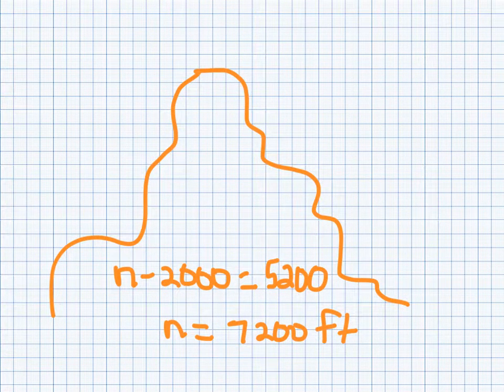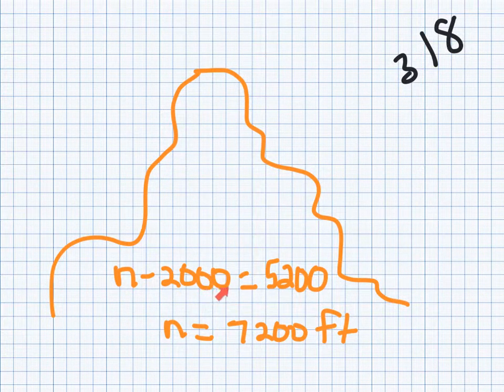This is another example at the bottom, Your Turn Now, on page 318. It says, use mental math to solve the following problems. While hiking, you descend 2,000 feet from the start of a trail to an elevation of 5,200 feet. Write an equation to find the elevation at the start of the trail. We don't know the beginning, which is the elevation at the start of the trail.